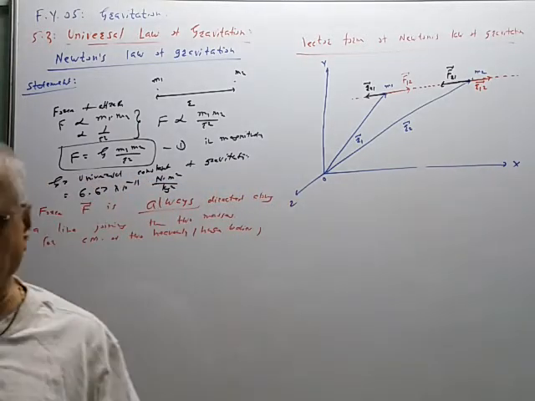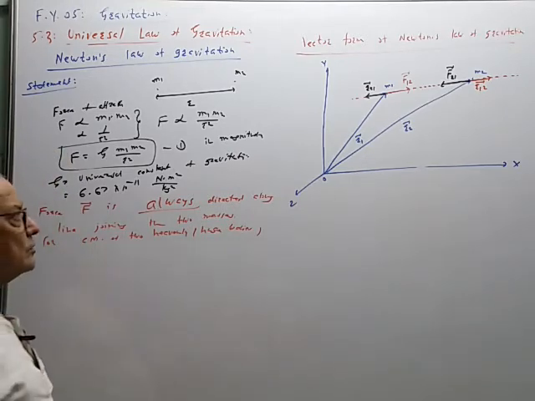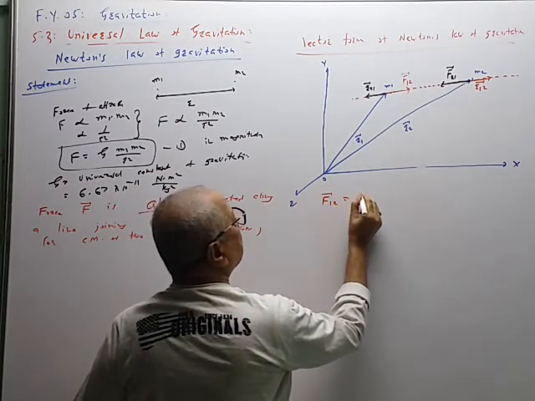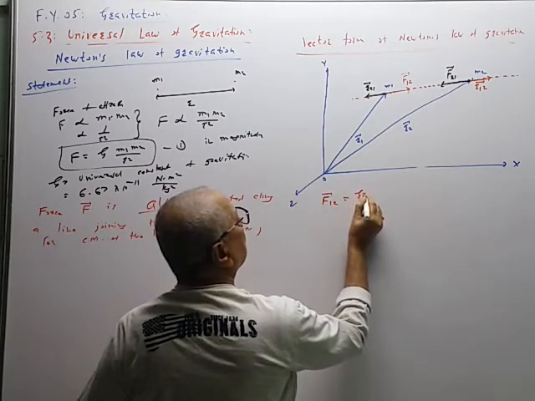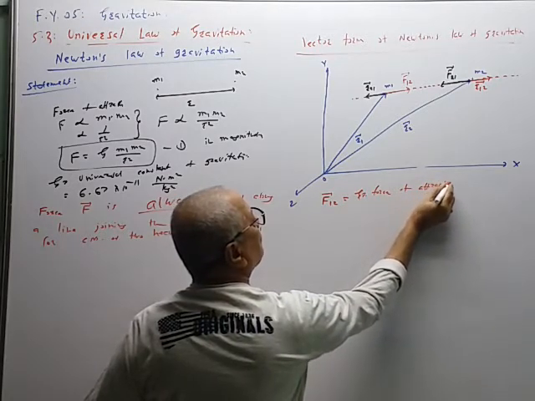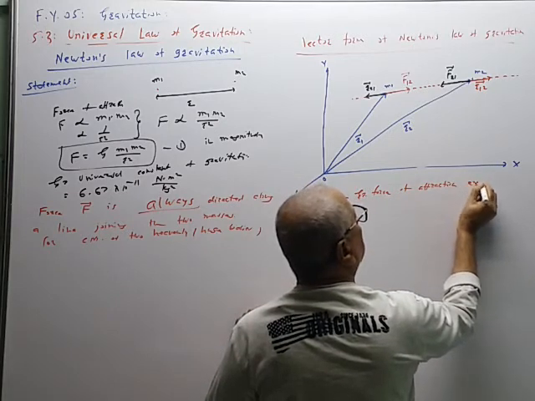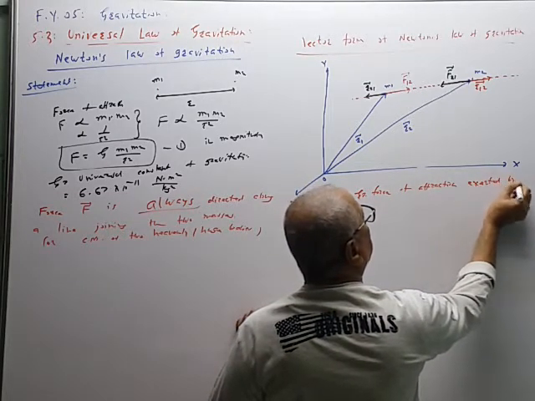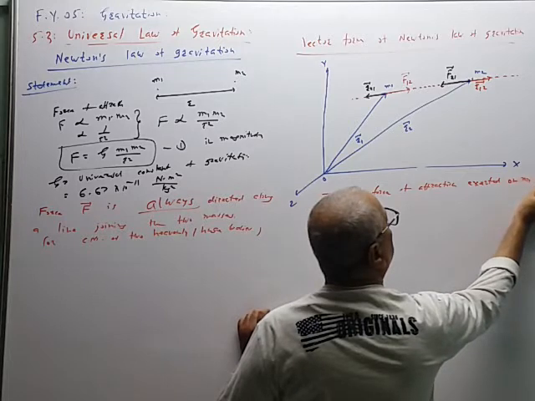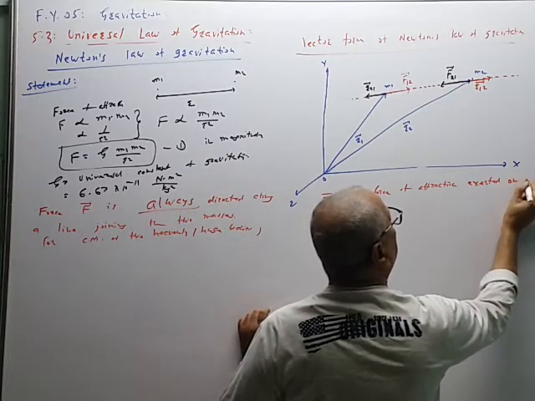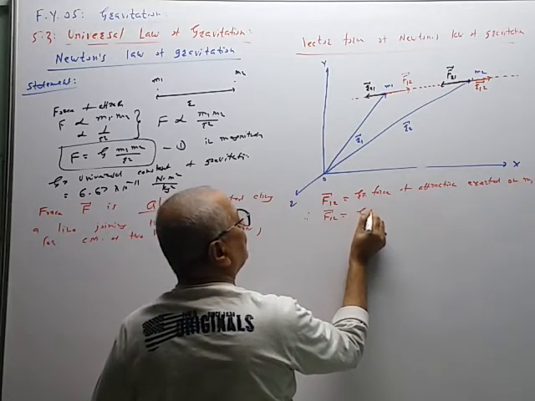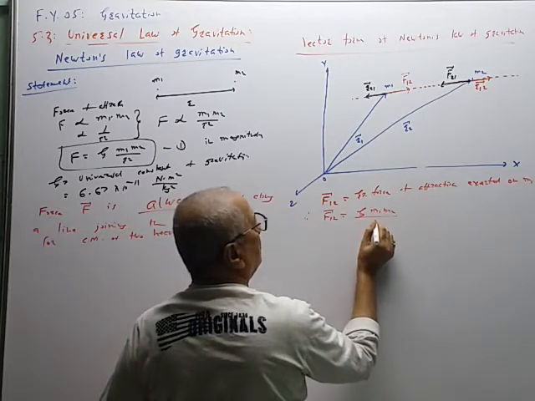So these are the vectors. So F12 is equal to the gravitational force of attraction exerted on m1 by m2, and therefore vector F12 is equal to G m1 m2 upon the distance between them.